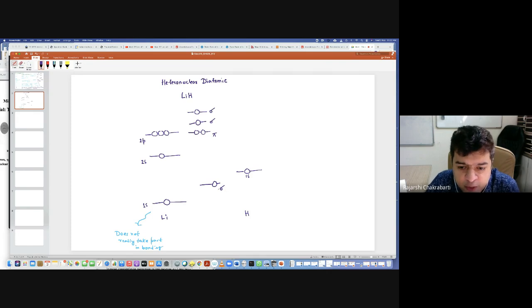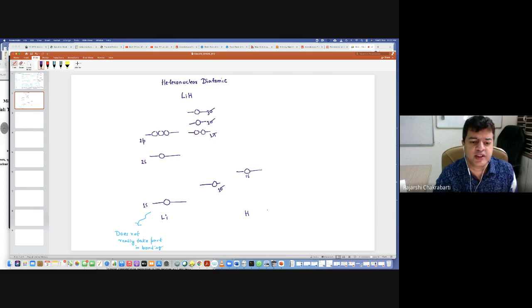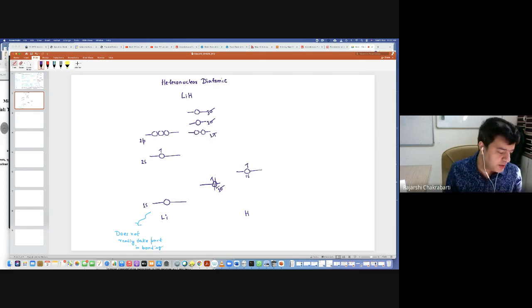The nomenclature is as follows: this is 1 sigma, this is 2 sigma, this is 3 sigma, and this pi orbital is called 1 pi. So how many electrons are there? 2 electrons, because 1s has 1 and 2s has 1, and these two will go here. This is how it is going to look.